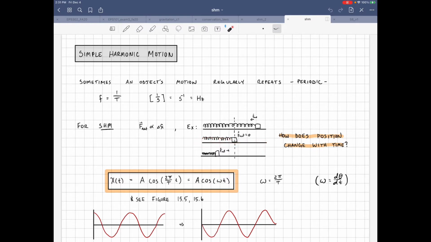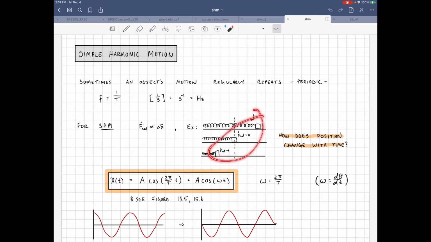If I take this mass on the spring and pull it out to this extended length and let it go, the mass is going to get pulled back to the left. As it moves back to the left, it's going to pass through the equilibrium point, continue this way, and reach some furthest displacement on this side where the spring is compressed to a maximum amount, and then it's going to go back.